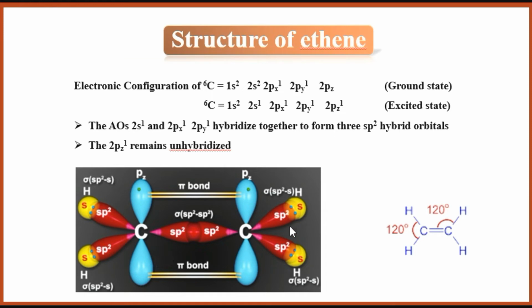And the same case would be followed with this carbon atom. The two sp2 hybrid orbitals would overlap with the 1s orbital of the hydrogen, forming two sigma bonds. And the third sp2 hybrid orbital of both of these carbons would overlap together and make up a sigma bond as a result of sp2 overlap with sp2 orbital.